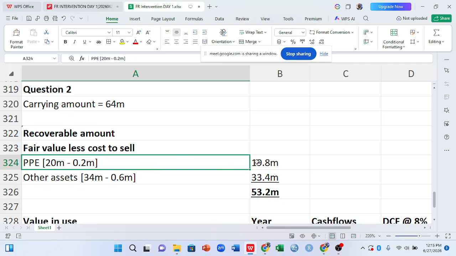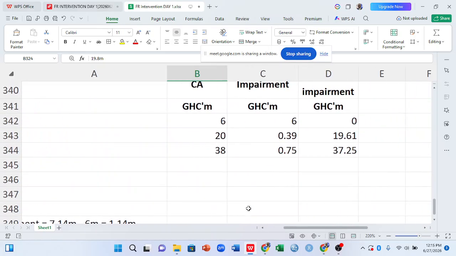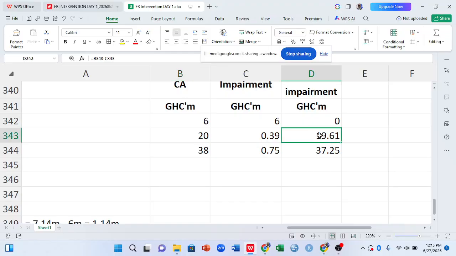So the PPE fair value is 19.8 million. Let's check whether what we had was lesser than that. We had 19.61. Is it lesser than the fair value? Yes, it is. So what are we supposed to do?